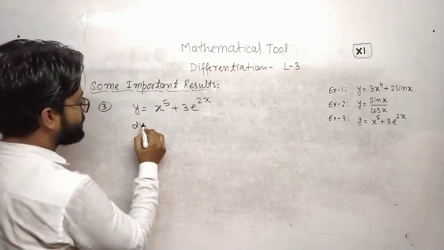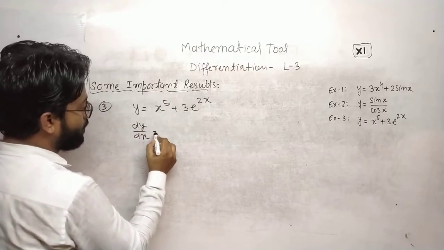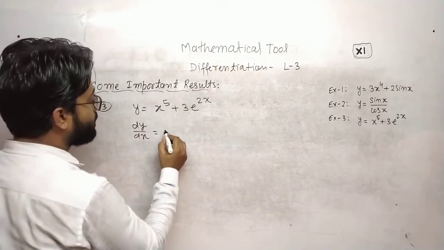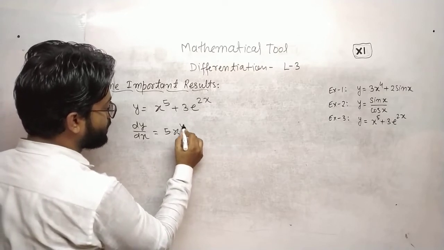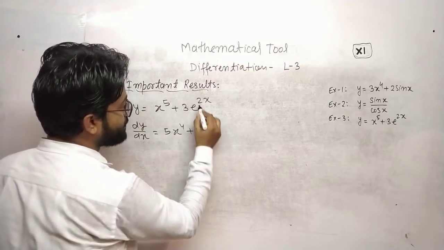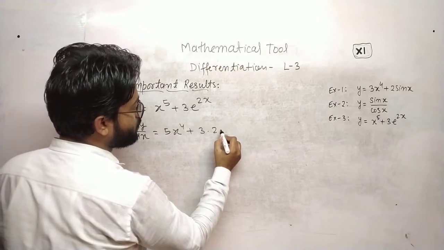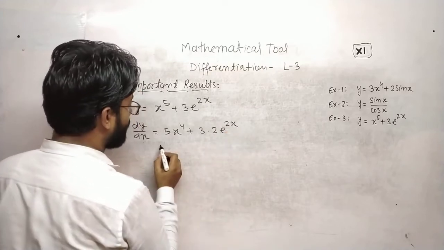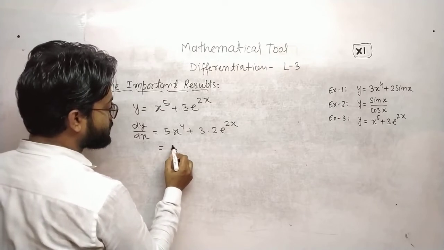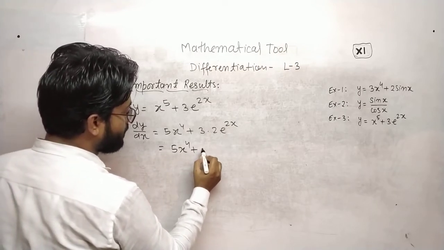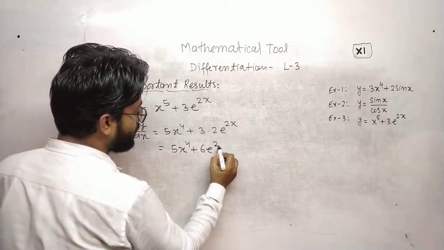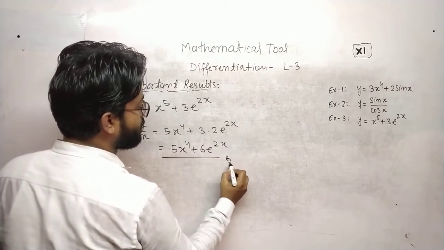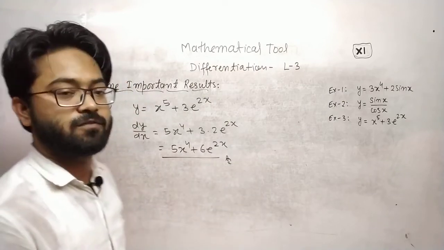Differentiation of y with respect to x will be 5x to the power 4 plus 3 as it is, differentiation of e to the power 2x, 2 into e to the power 2x. That is 5x to the power 4 plus 6e to the power 2x. This is the result. Hope you are understanding, and thanks for watching this video.